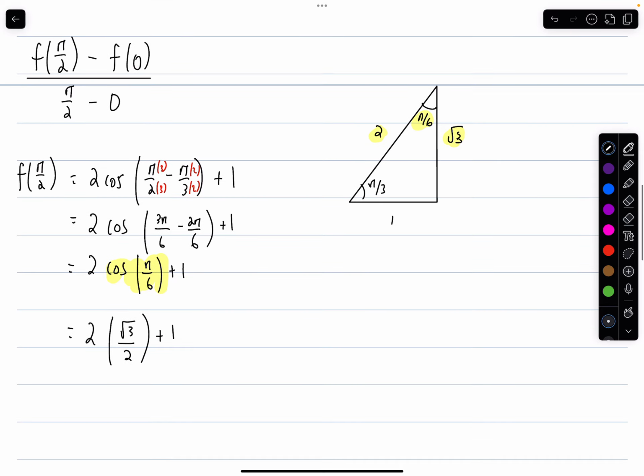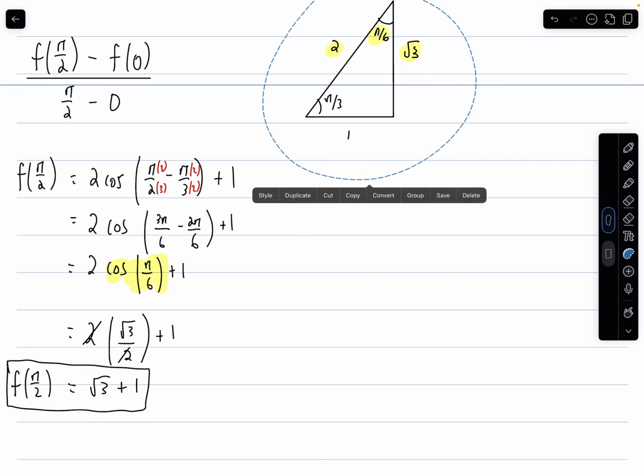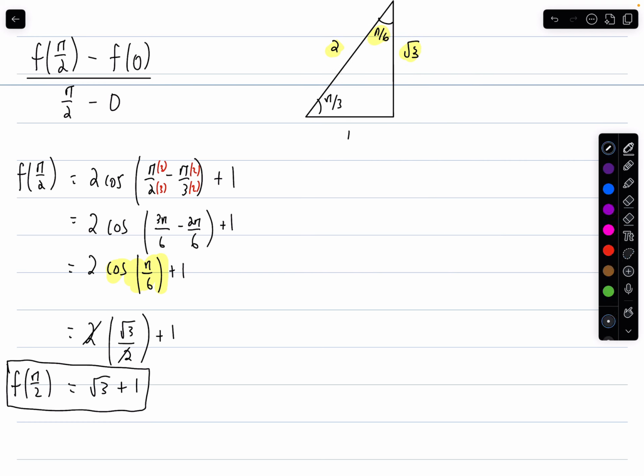Plus 1, and then I can cancel out the 2's, so I'm just left with root 3 plus 1. So that's just what f at pi over 2 is. What about f at 0? Let's do f at 0.